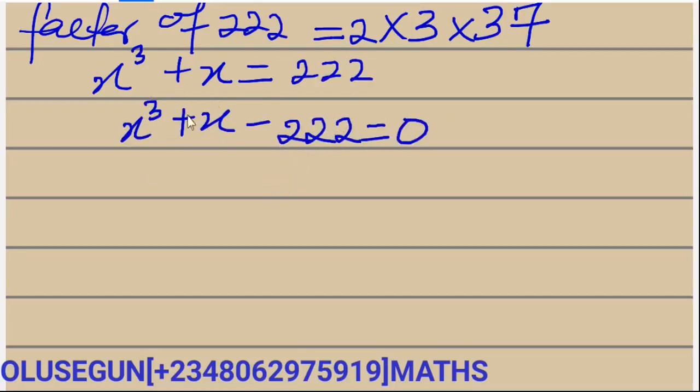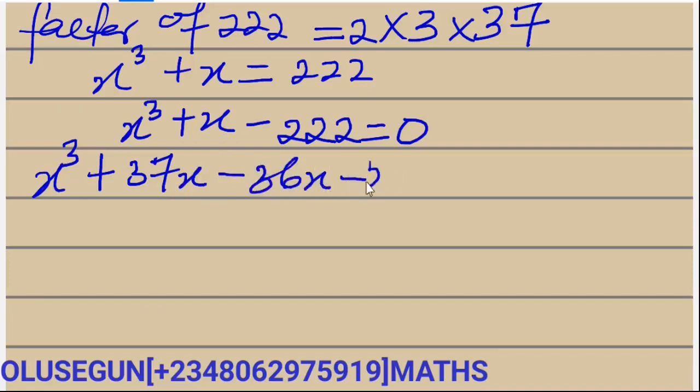In this plus x, let's try to rewrite it according to the factors, since 37 is part of the factors of 222. The plus x can be written as x cubed plus 37x minus 36x minus 222 is equal to 0.